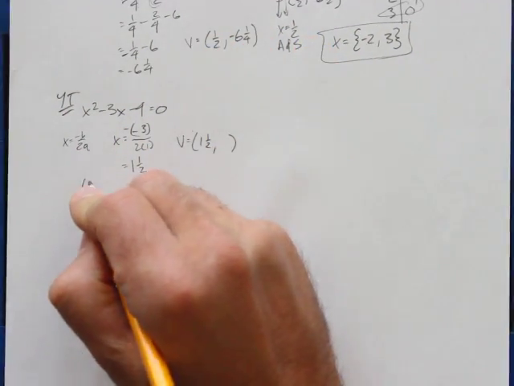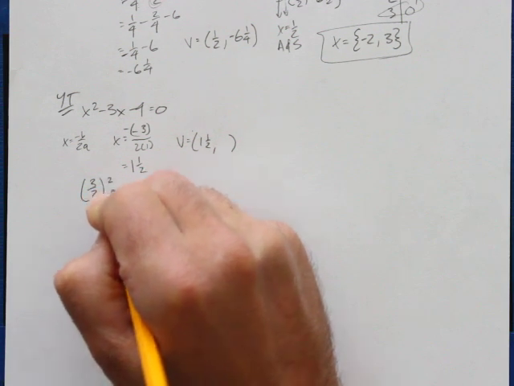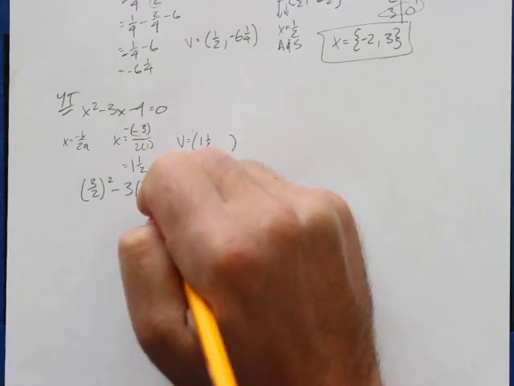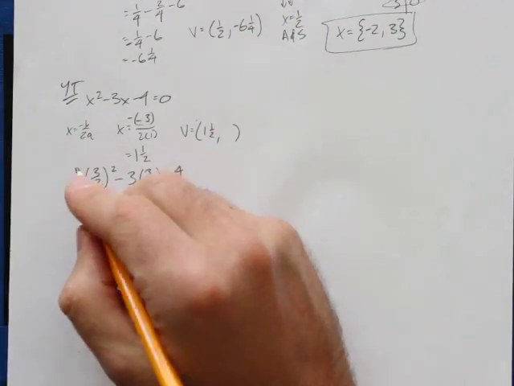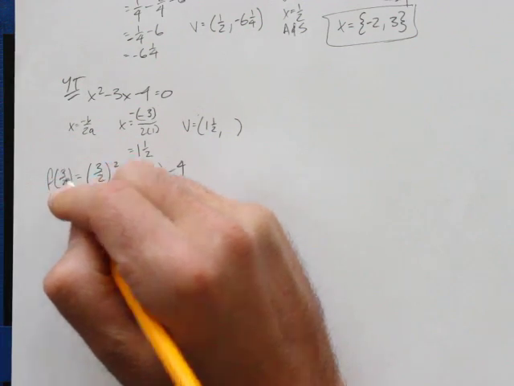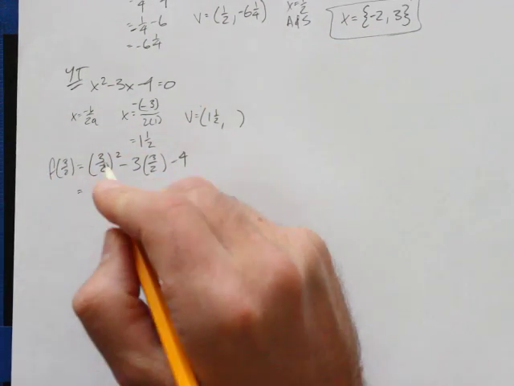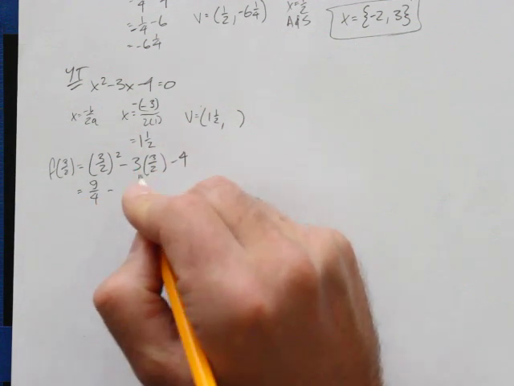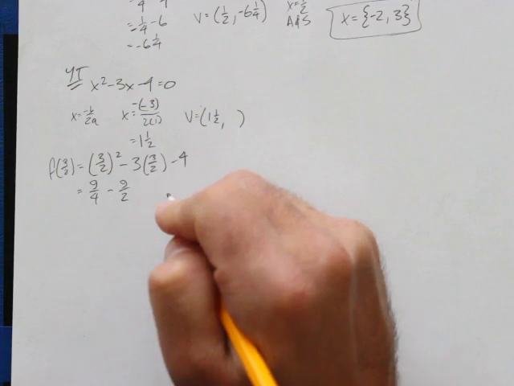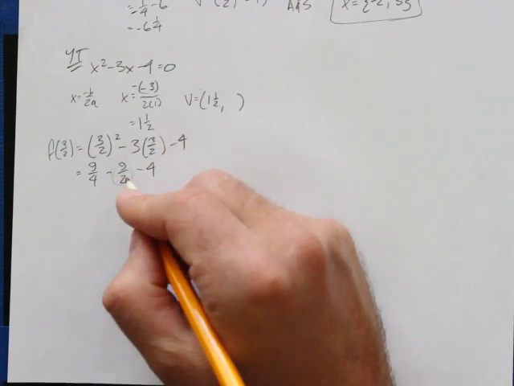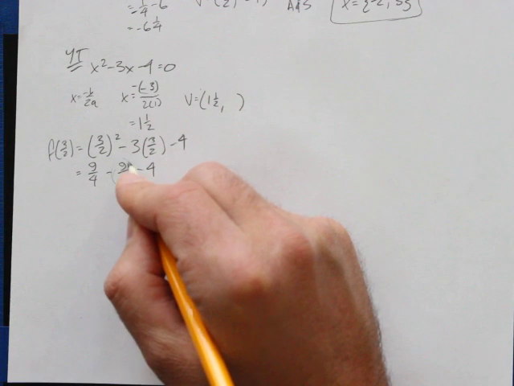So 3/2 squared minus 3 times 3/2 minus 4. So I'll say f of 3 over 2. I've got 9/4 minus 9/2 minus 4. So I've got to change this. What I do to the bottom, I do to the top.